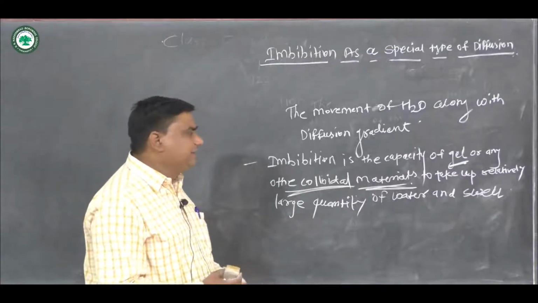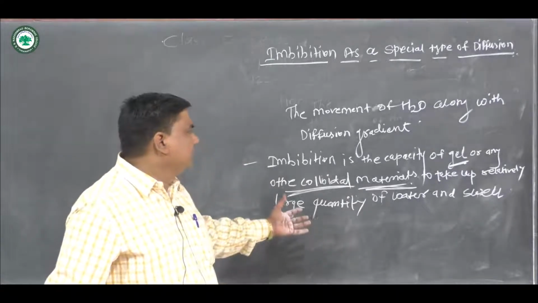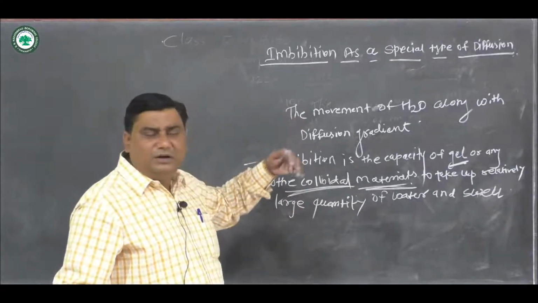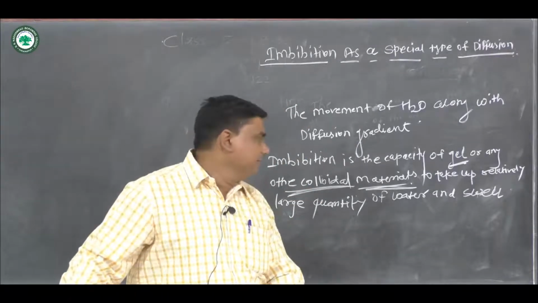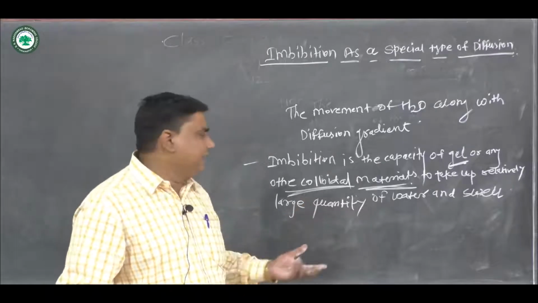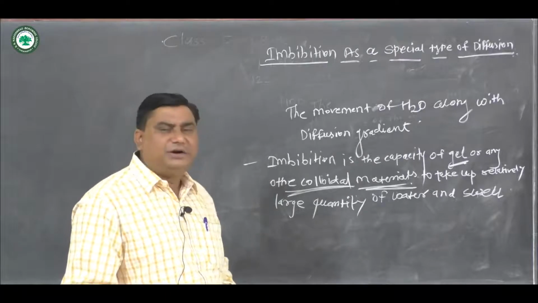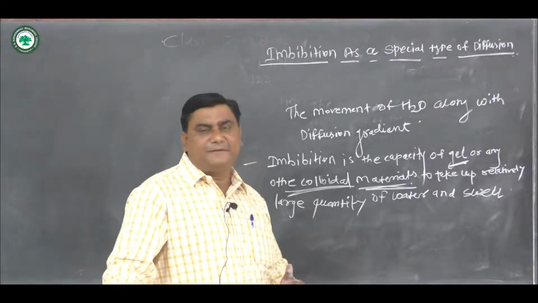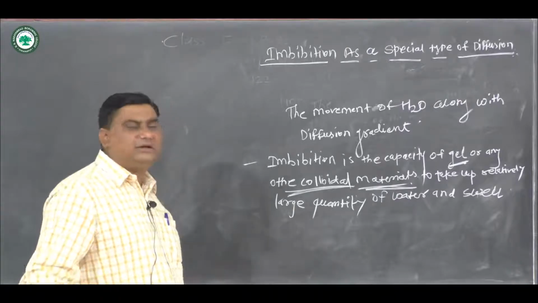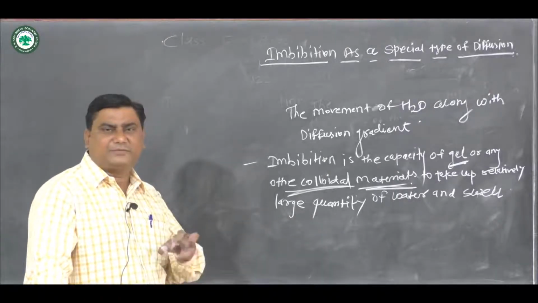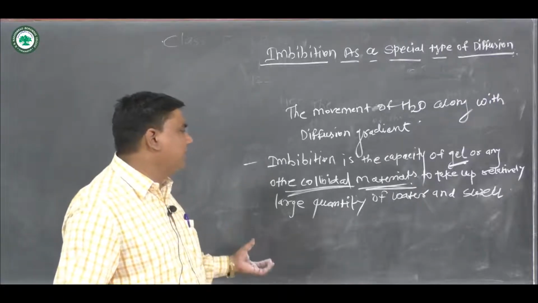So there are examples of imbibition. Here, imbibition is a special type of diffusion. Swelling of doors, wooden works, windows during the rainy season. Then absorption of water by the cell wall. Another example is absorption of water by the cell wall.